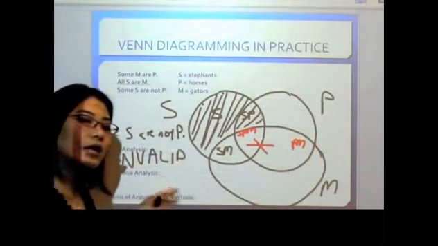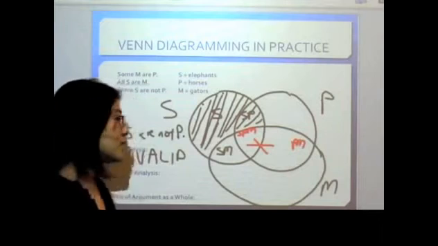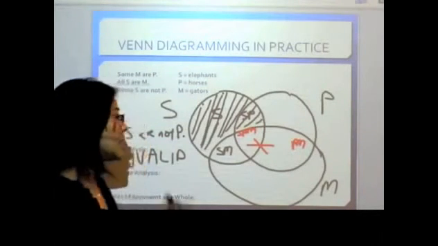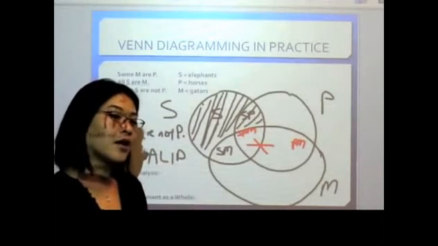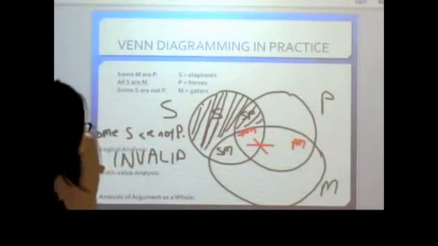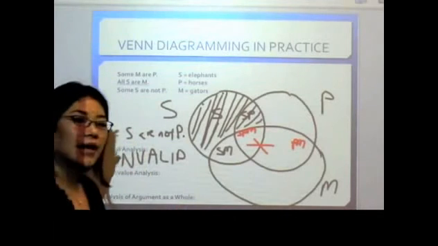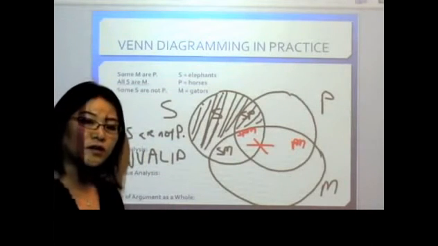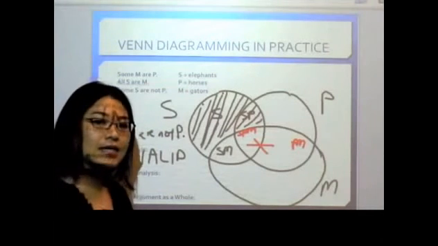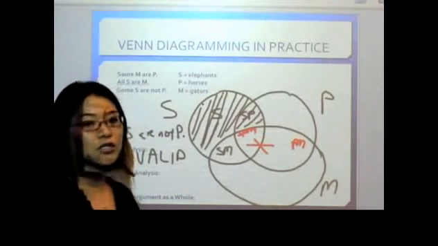Okay? Now, given that it is an invalid argument, what this argument has is bad reasoning, bad deductive reasoning. If the premises were true, it would not guarantee the truth of our conclusion. Okay? Now that we're done with logical analysis, let's move on to truth value analysis. Now again, this is where we actually ask, is it the case that the premises are actually true?